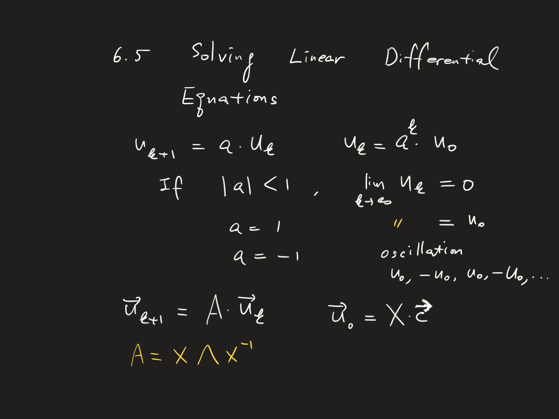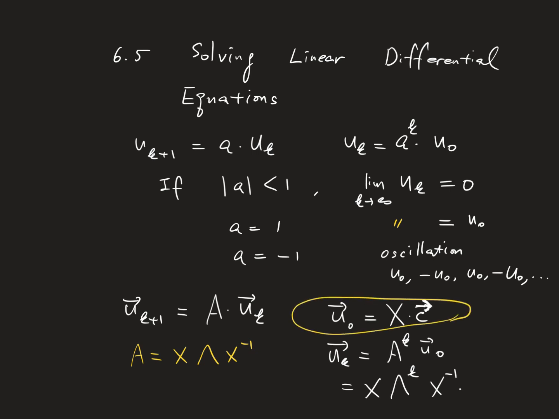In that case u_k will be A to the k times u_0, and that'll be X Lambda to the k X inverse, and with u_0 plugged in, we have Xc.